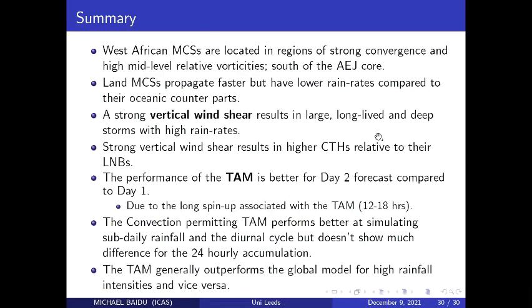His work is to try to address this spin-up problem by comparing warm start to cold start. So there's current work going on at the Met Office trying to reduce the spin-up time so that we can have a more reliable forecast for day 1.